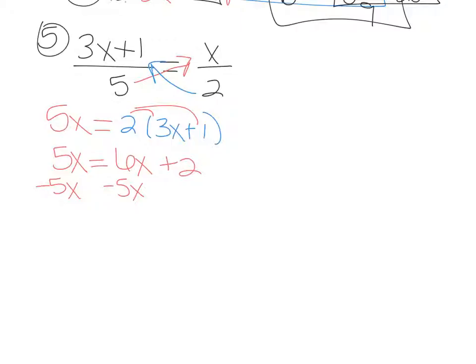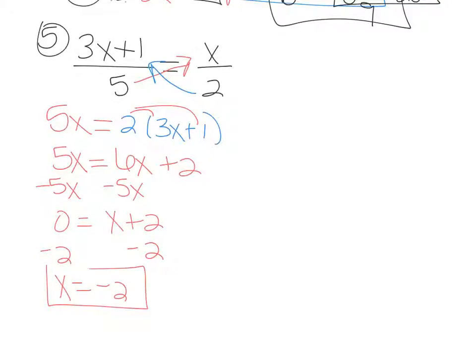And 6x minus 5x is x plus 2. How would you get rid of that 2? Subtract 2 from both sides. So x equals negative 2. Makes sense? Same exact thing, just when you multiply your cross products, you end up with a little bit tougher equation to solve. Okay, number 6.